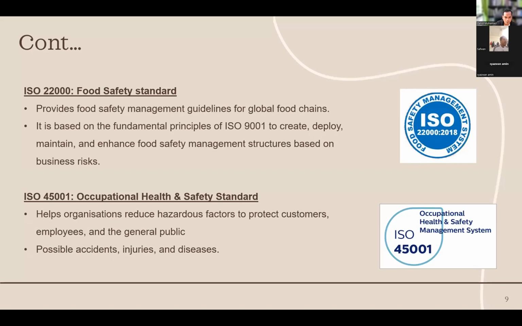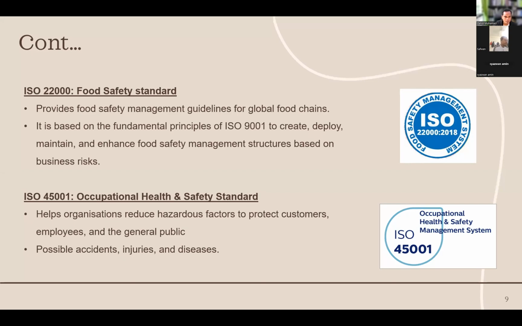Next, we have ISO 22000 for the food safety standard, which provides food safety management guidelines for global food chains. It is based on the fundamental principles of ISO 9001 to create, deploy, maintain, and enhance the food safety management structure based on business rules.